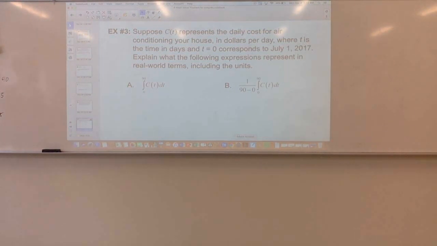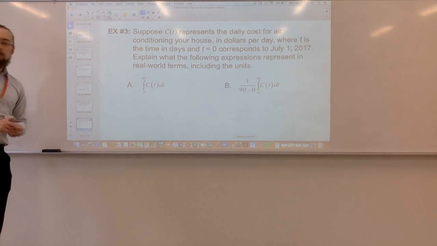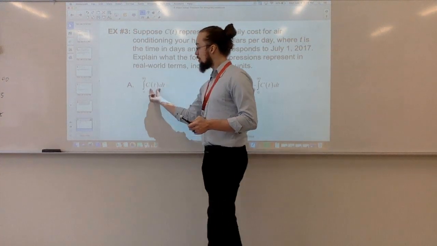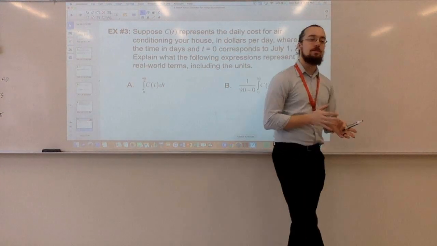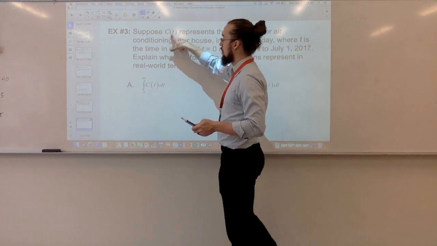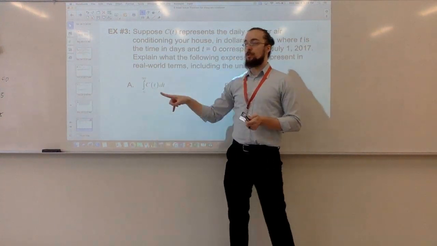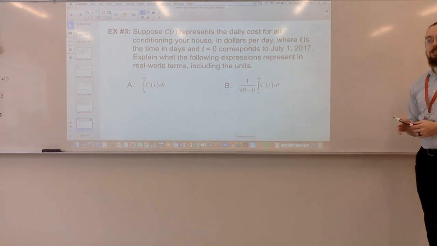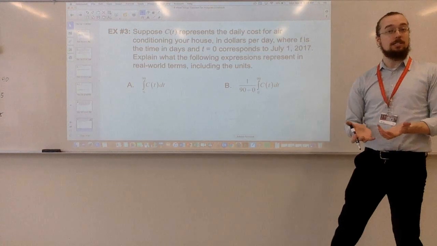What would that represent? If I'm integrating a rate, this function is the cost per day, and if I'm integrating that from 0 to 90, that will be the total cost for that 90 days.